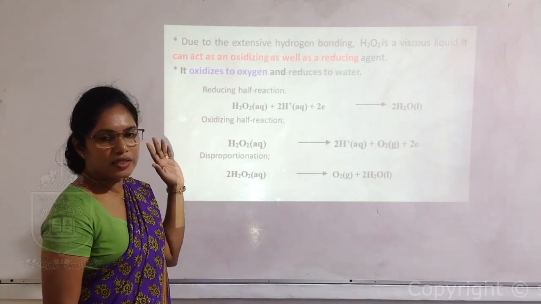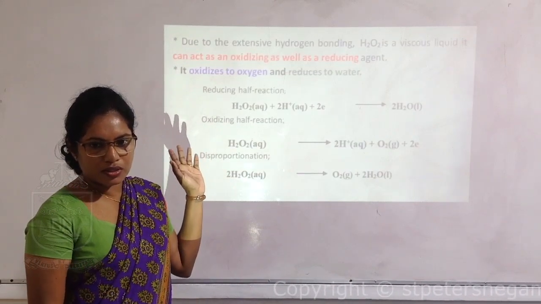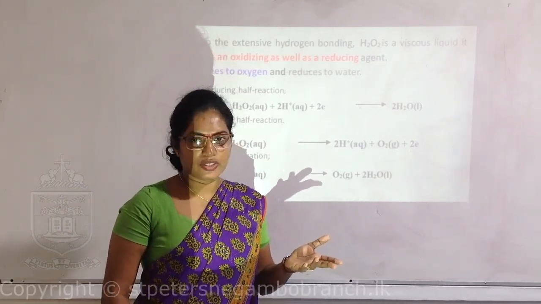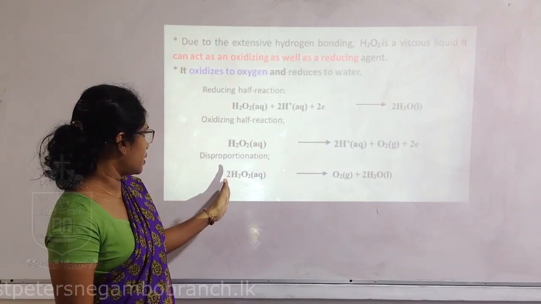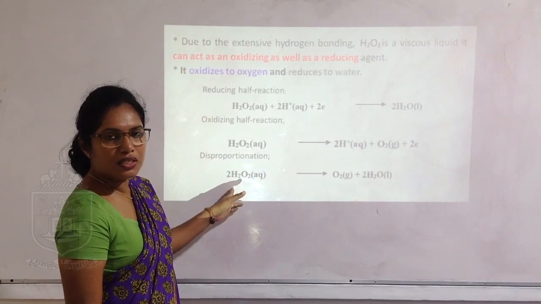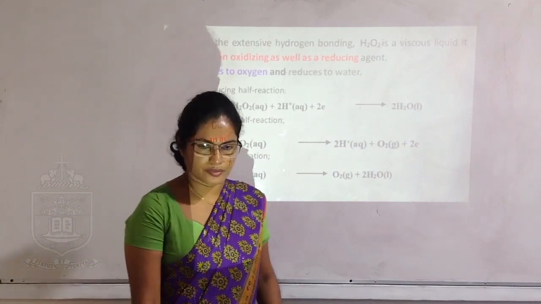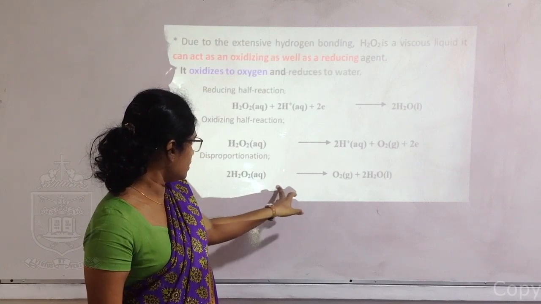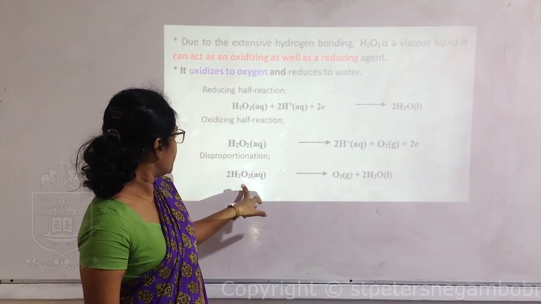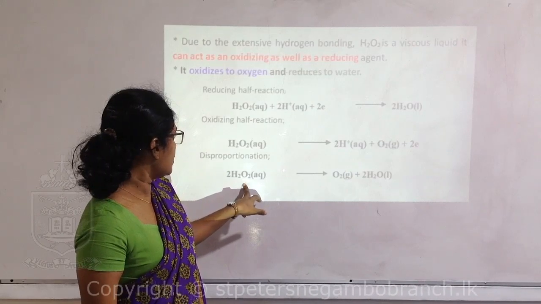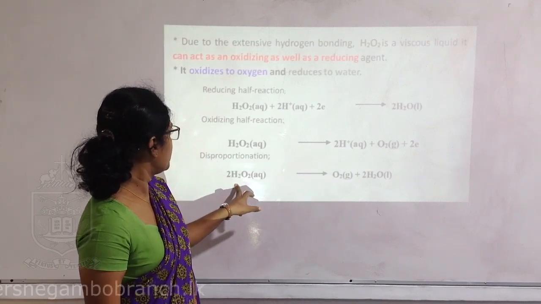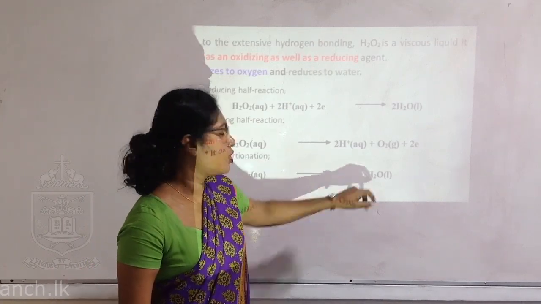That means hydrogen peroxide shows a disproportionation reaction. Hydrogen peroxide can oxidize and reduce at the same time. In the last reaction, you can see that hydrogen peroxide is oxidized to oxygen and reduced to water.